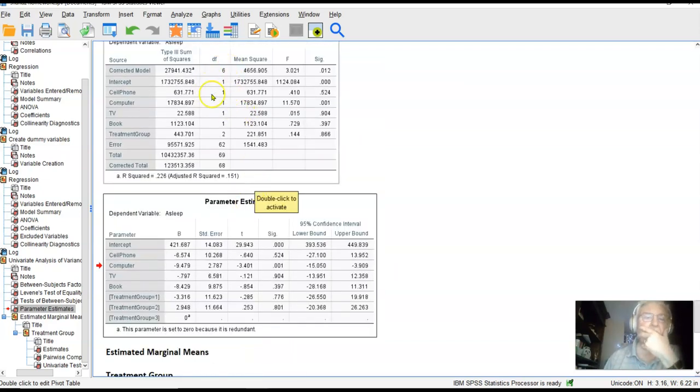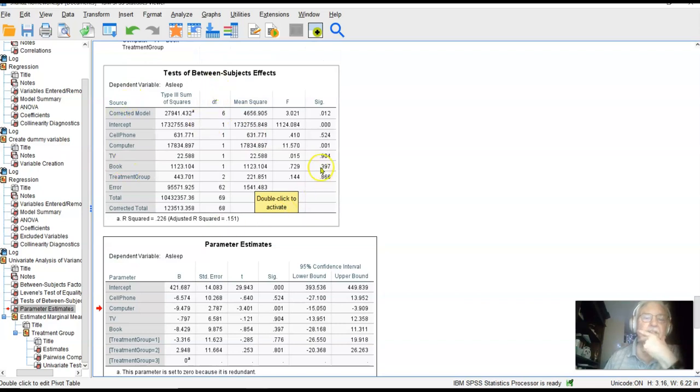But here we can look at our basic tests of between subjects effects. We have our groups down here. We have our sums of squares. Our F is the mean square for treatment divided by the mean square error.